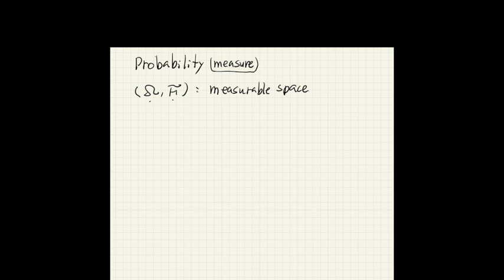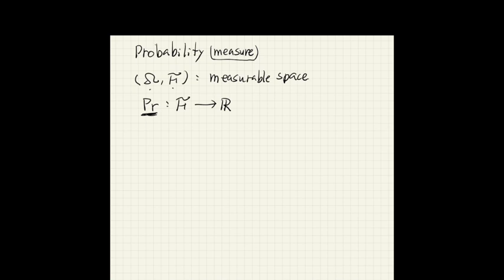Okay, let's say there is a function from this F, the sigma algebra, to real numbers. Then this function P is called a probability measure if it satisfies the following three conditions.